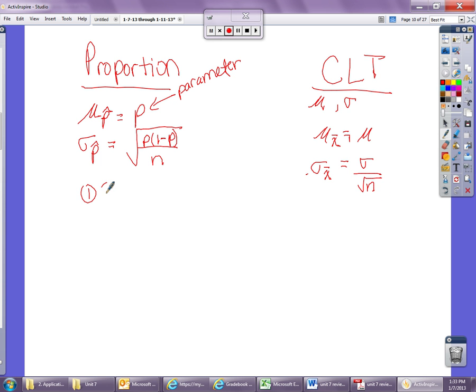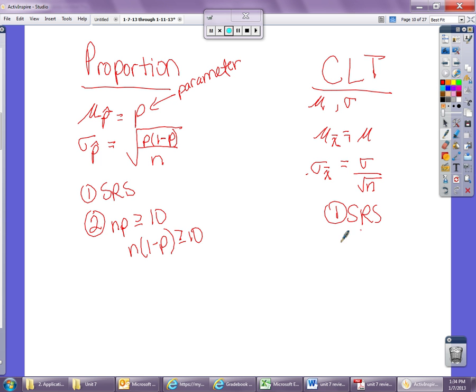Remember your two criteria: simple random sample for proportion, and n times p should be greater than or equal to 10, and n times 1 minus p should be greater than or equal to 10. Okay? And then over here, again, simple random sample, and number 2 is n is greater than or equal to 40, or you know it's from a normal distribution.